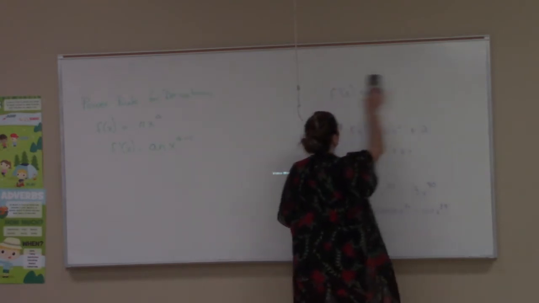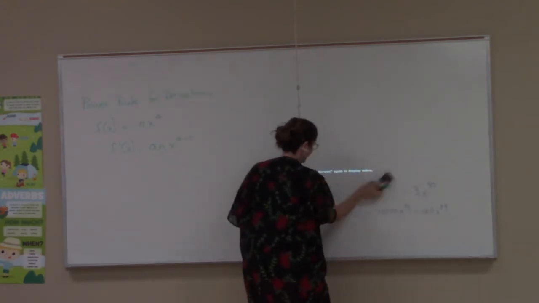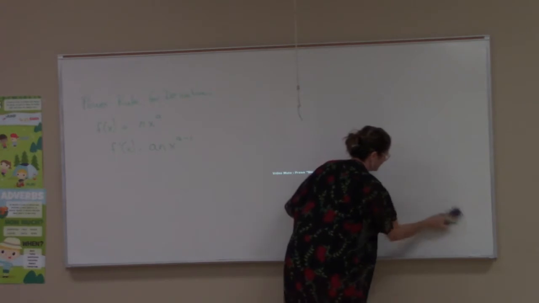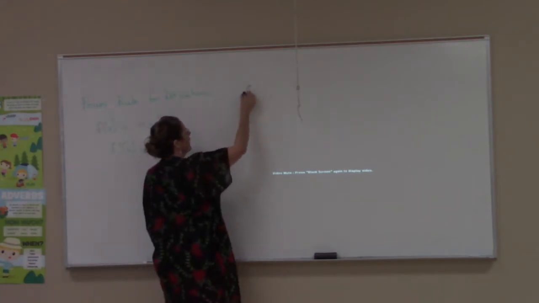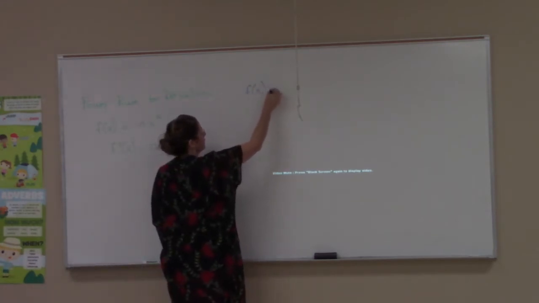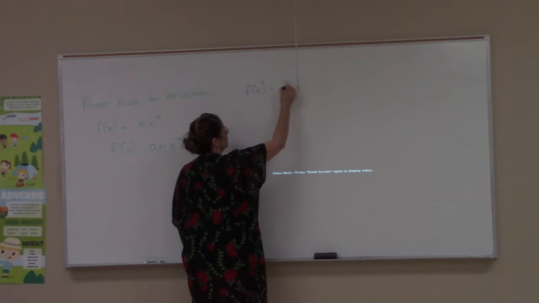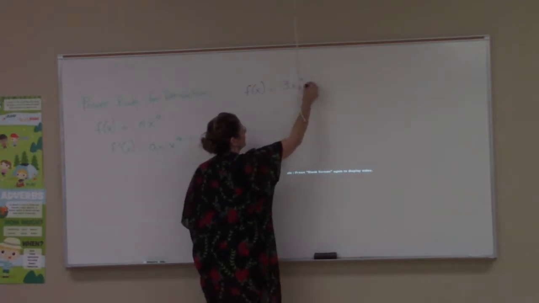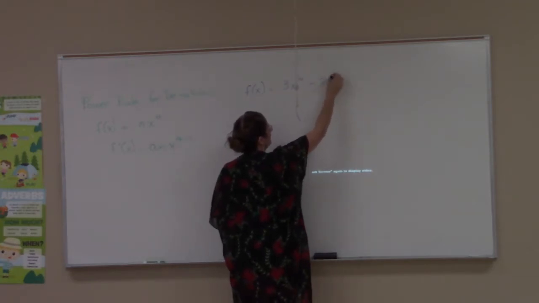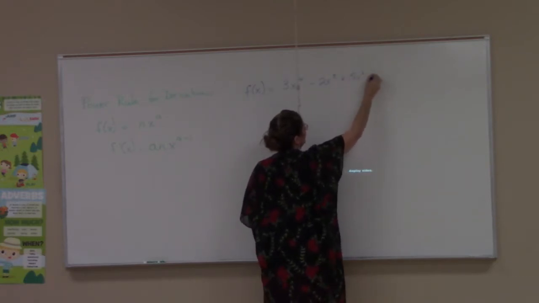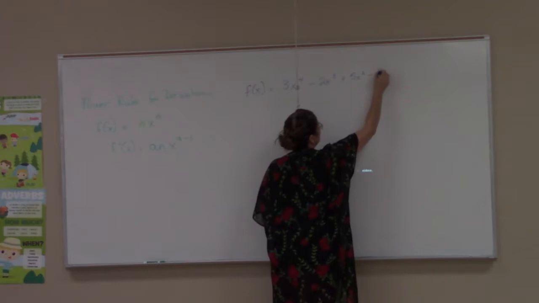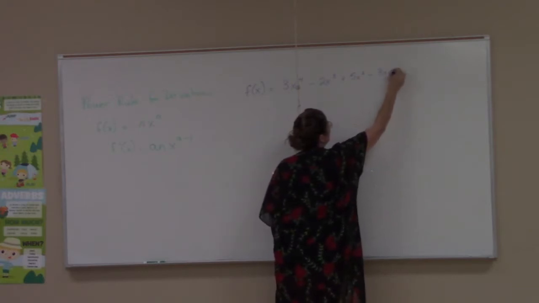So I gave you those. And then we're going to try some with different types of functions. So here we go. If you had f of x equals 3x to the 4th minus 2x to the 3rd plus 5x to the 2nd minus 3x plus 2.